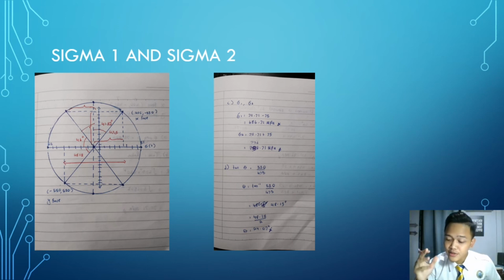Next, we want to find the normal stress, which is radius minus midpoint. And we got two values, sigma 1 and sigma 2. Sigma 1 that we get is 686.71 MPa, and sigma 2 is 736.71 MPa.